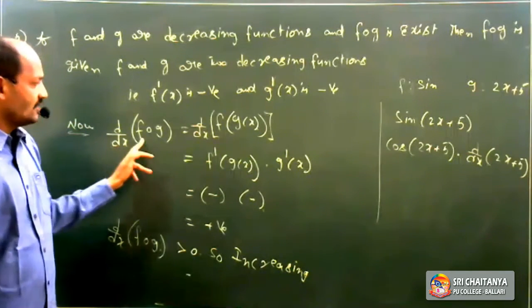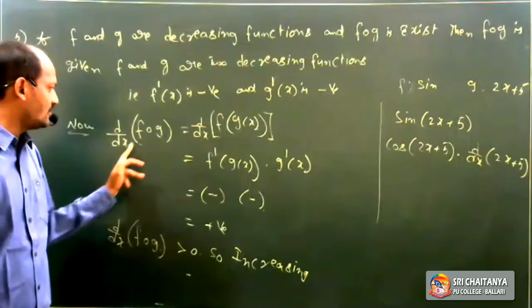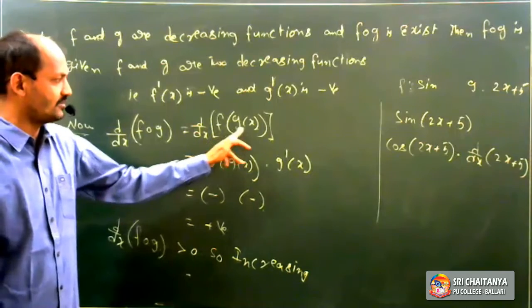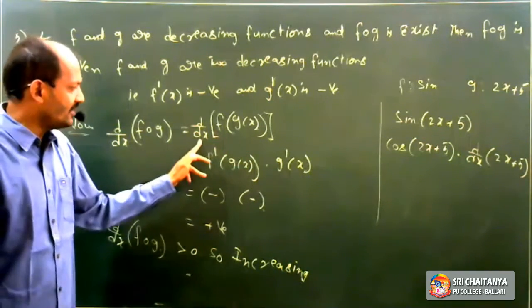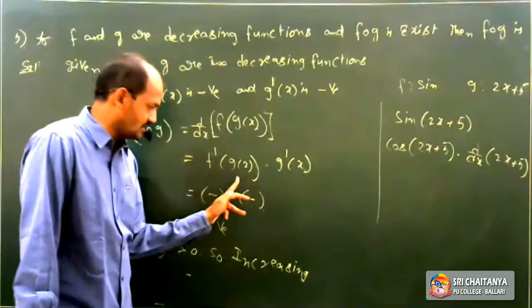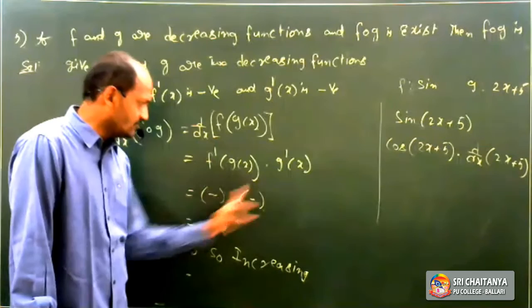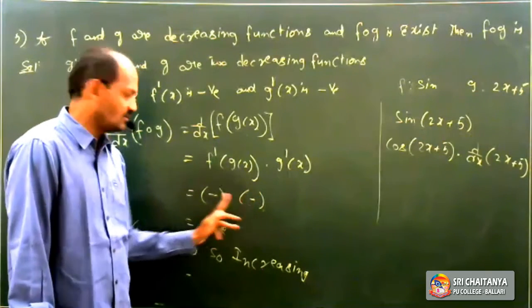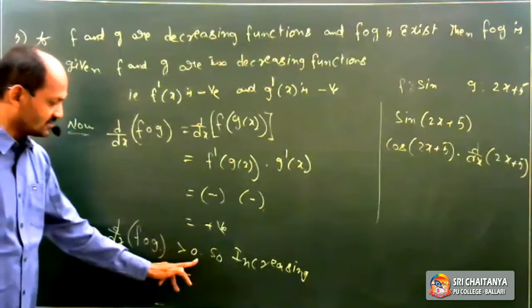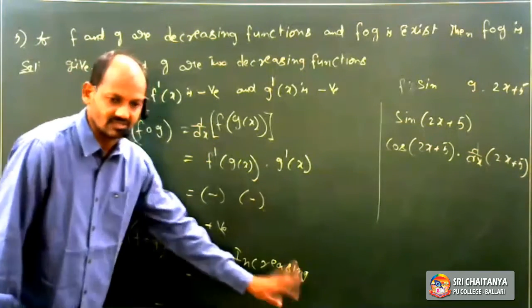And f circle g already exists. Therefore the derivative of f of g of x is f dash of g of x into g dash of x. So f dash is negative, g dash is also negative. Minus into minus is plus. So the derivative of f circle g is greater than 0. So it is an increasing function.